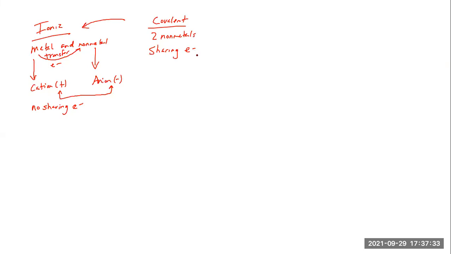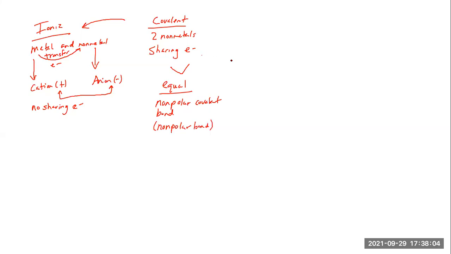Within a covalent bond and within that sharing, the sharing may be equal sharing, which represents a type of covalent bond known as a nonpolar covalent bond. More simply, people just call it a nonpolar bond, leaving the covalent part out, but they're basically the same thing.